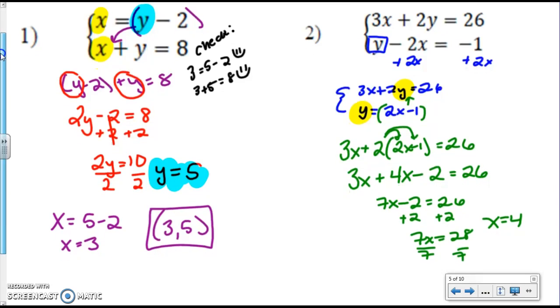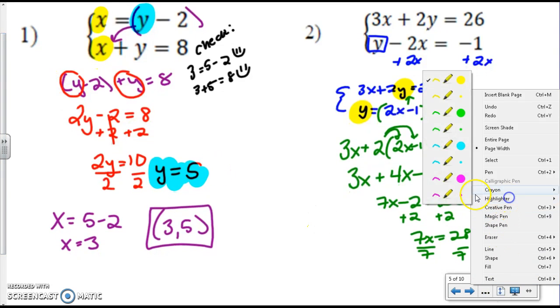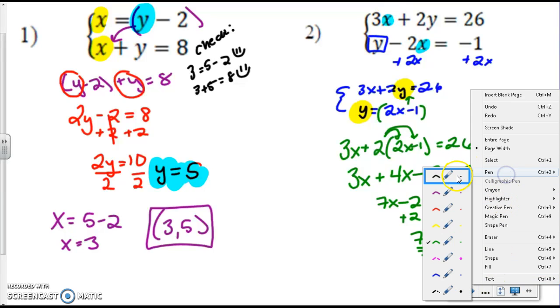Okay, once I have finished that first part, I need to take the x equals 4 and plug it back in. So I'm going to go ahead and take this and plug it into either here or here. It doesn't matter which one, but go to the original and see what you get for y. So I'm going to change my pen color here.